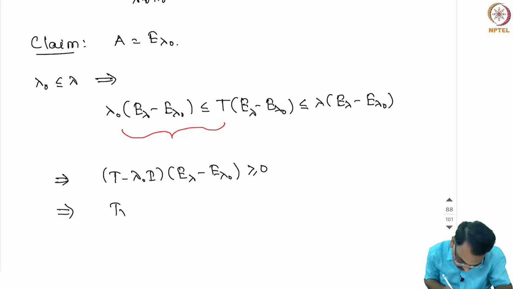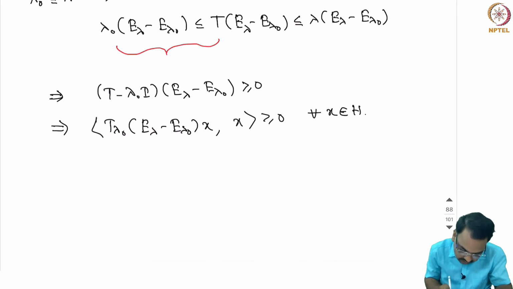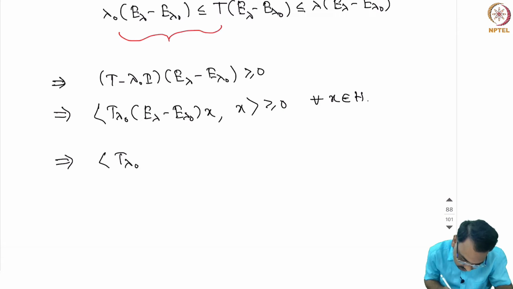That is, the inner product of T lambda naught (E lambda minus E lambda naught) x with x is positive for every x in H. We know that E lambda converges to A in the strong operator topology, so this is the inner product of T lambda naught (A minus E lambda naught) x with x, which is positive.